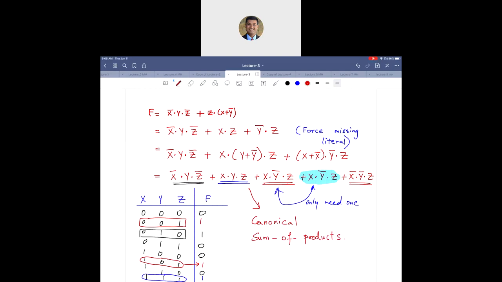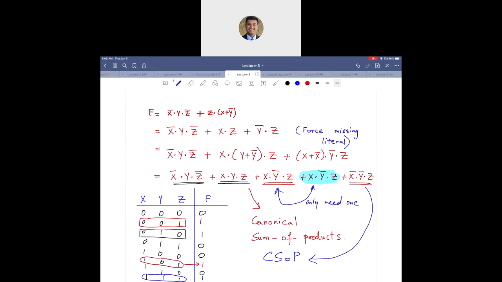Each term over here is a product term. We are actually summing all the different products, and this is a canonical form because each product term has all the input literals represented. In short, we write this as CSoP, Canonical Sum of Products, which is this guy right here.